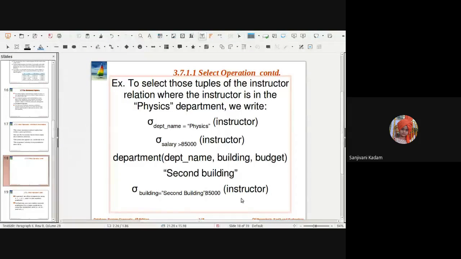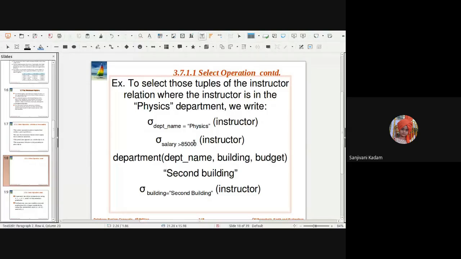As second building is an alphabetical value, always enclose it in double inverted commas. Whenever there is an integer value, you need not enclose it in single or double inverted commas. But whenever an alphabetical value is there, it should be enclosed and considered a string.